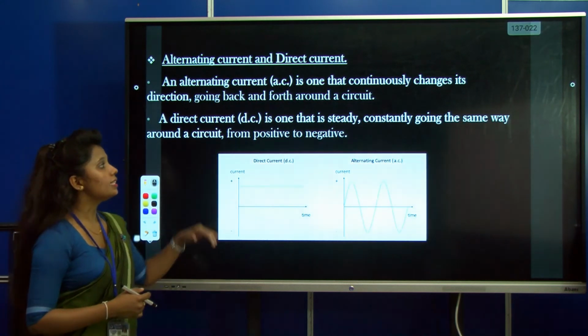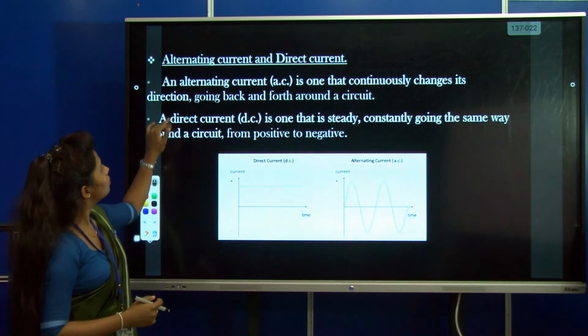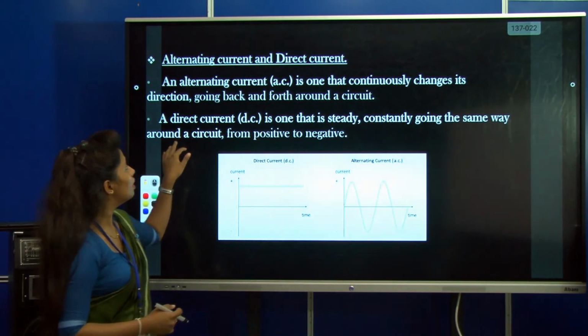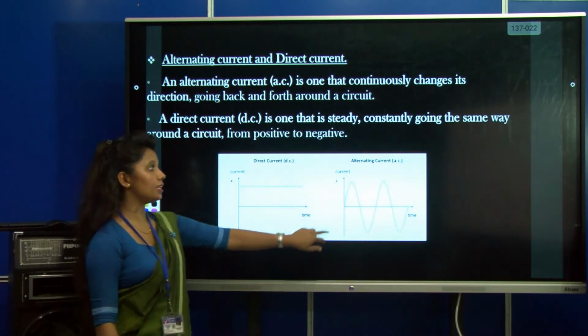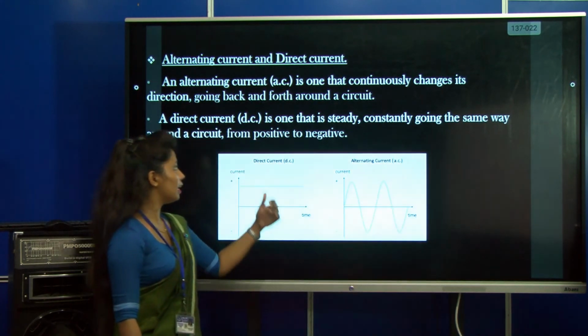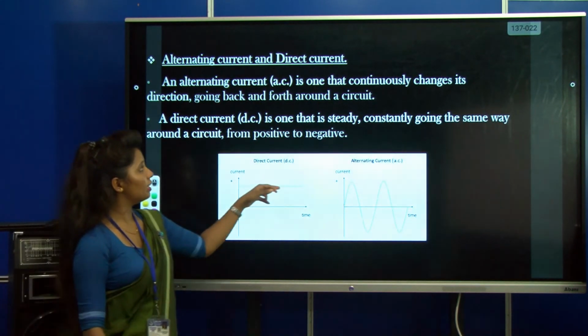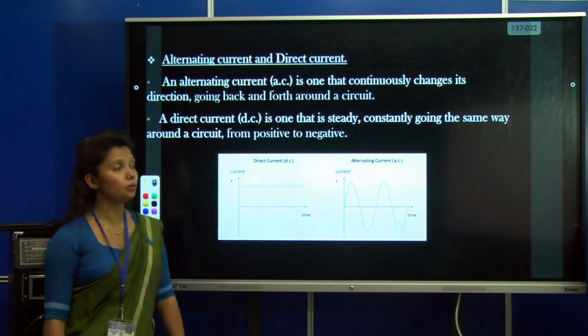It travels steadily from positive to negative. These two definitions I have shown in 2 graphs. Here alternating current is changing its direction, and the direct current is directly moving from positive to negative.